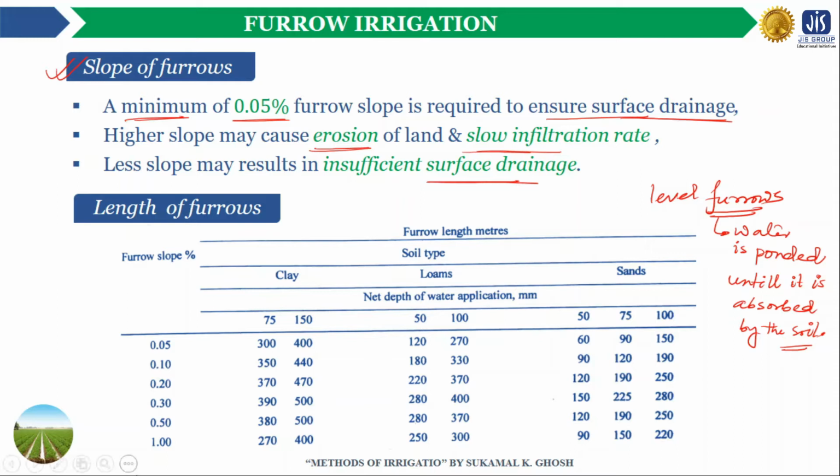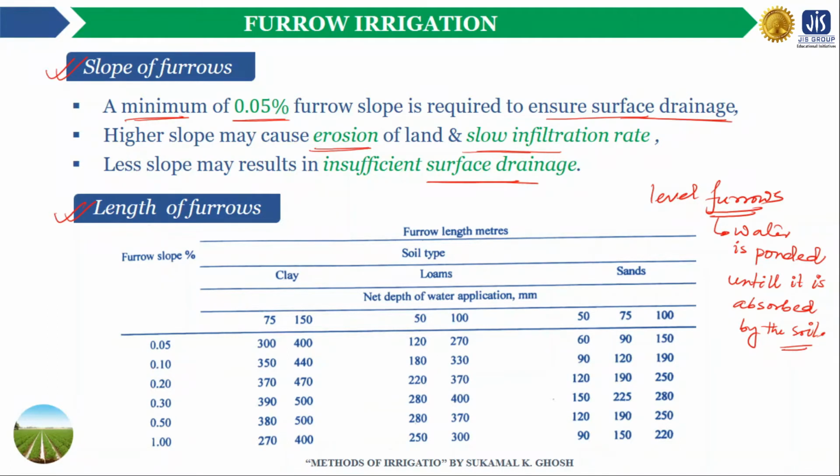Now, the length of the furrows should neither be too long nor too short. This is because if a furrow is too long, water may infiltrate to a greater depth at the upper end of the furrow, and by the time it reaches the lower end, this results in excessive deep percolation losses and over irrigation at the upper end of the furrow.